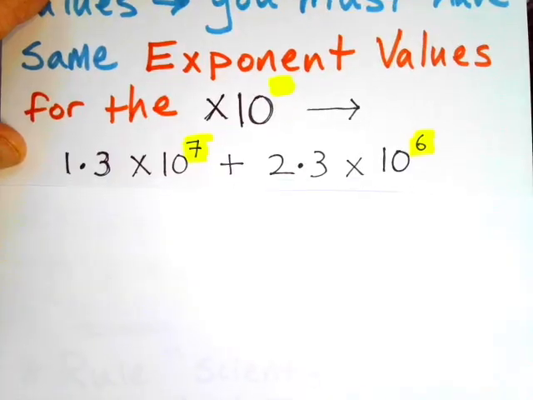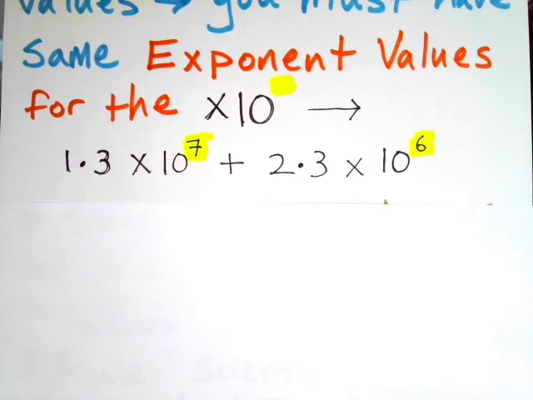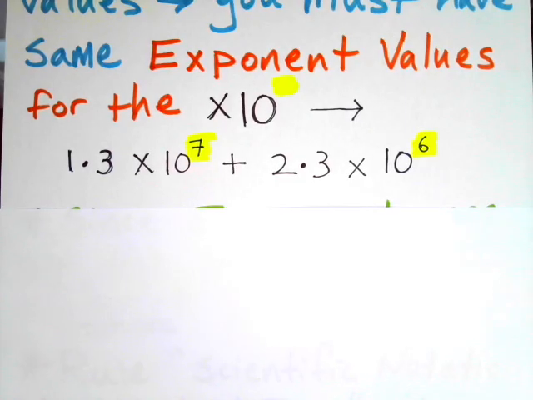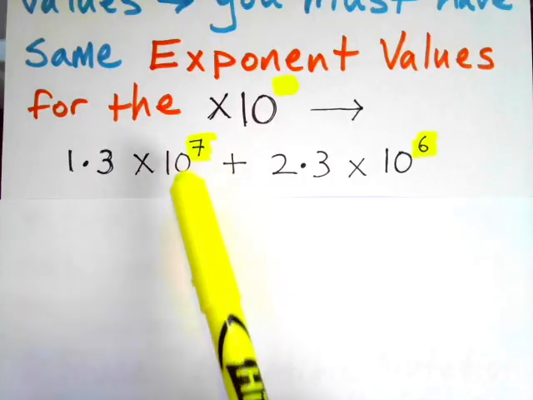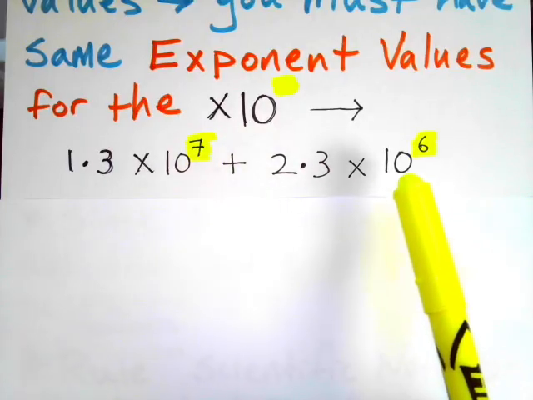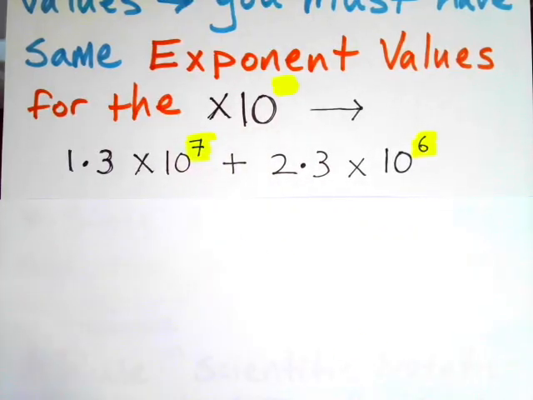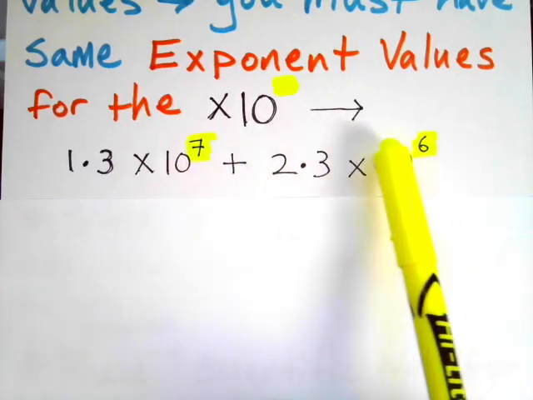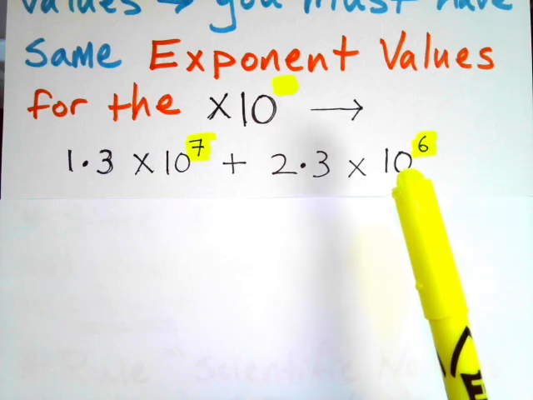We talked a little bit about like terms versus unlike terms, and I'd like to get into that a little more with you. Here you see the two scientific notation values that were given in the original problem, 1.3 times 10 to the 7th power plus 2.3 times 10 to the 6th power. Say that 10 times fast, right? In order to add the 1.3 plus the 2.3, these exponential powers I'm highlighting have to be the same.